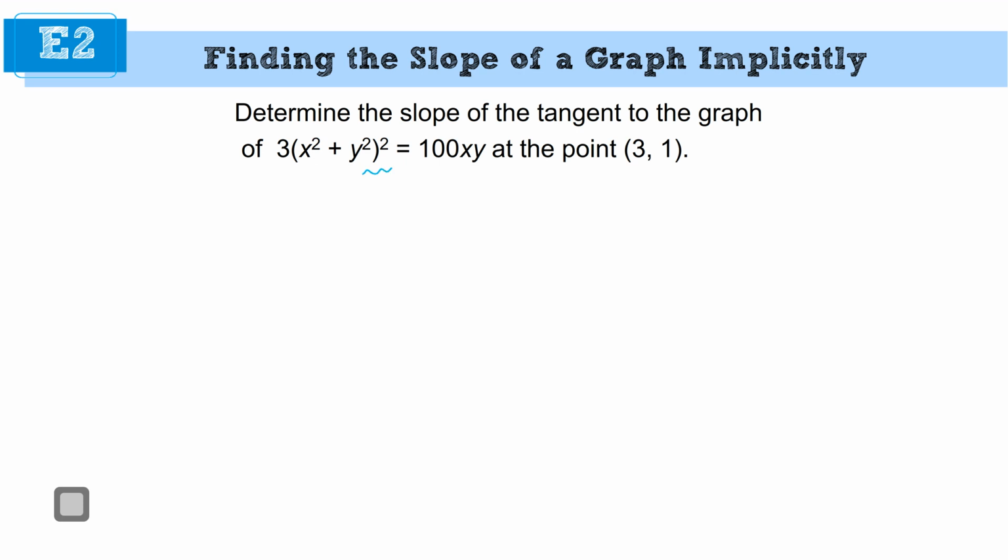Okay, let's start with this guy. How many functions? Two. Which one's on the outside? Squared. Bring the exponent down, reduce it by 1. Easy peasy. Chain rule.